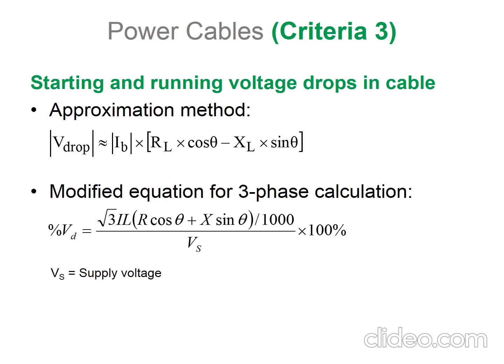Next is the modified equation for three-phase calculation, the equation for voltage drop percentage. Vs is the supply voltage. The voltage drop value V divided by Vs times 100 gives the percentage of voltage drop.